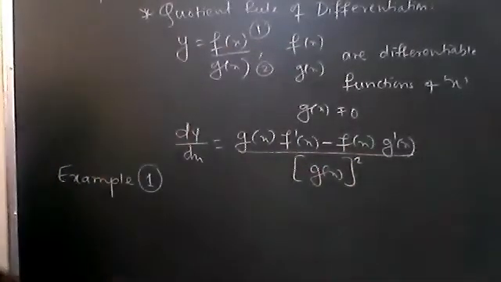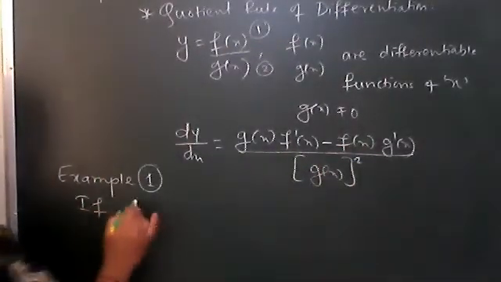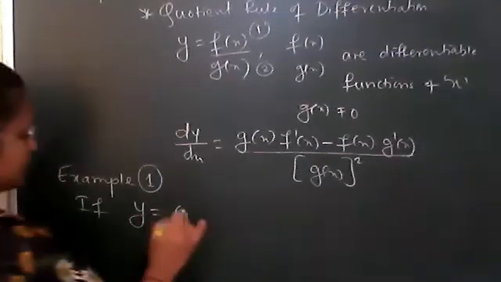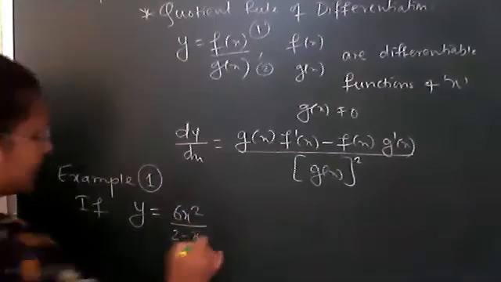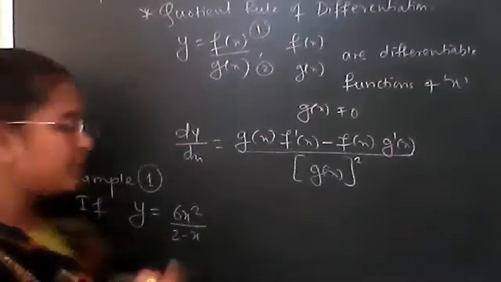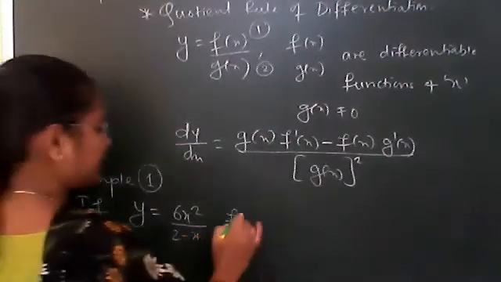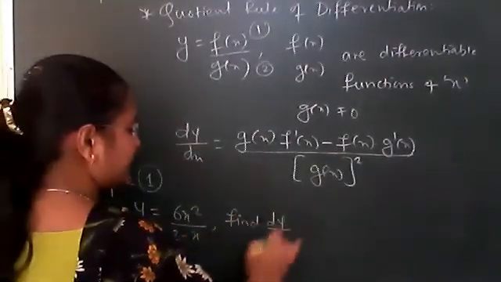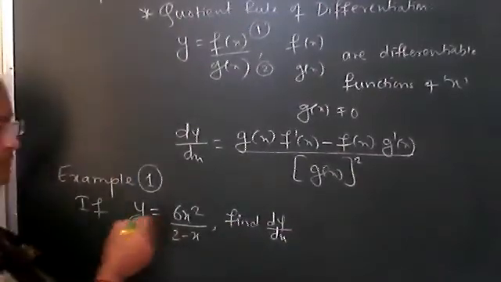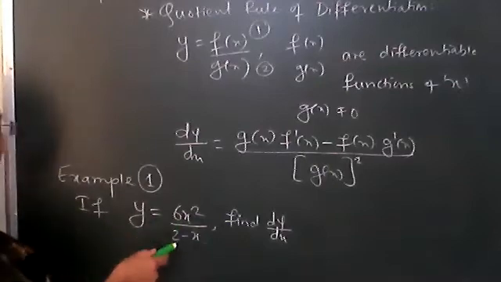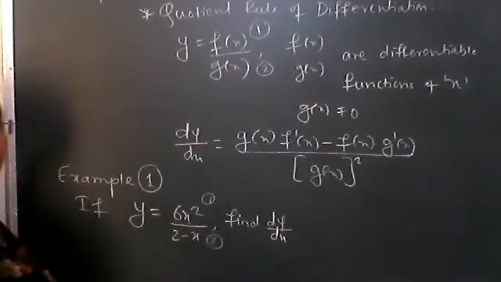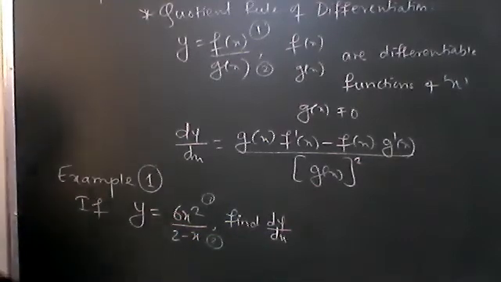If y equals 6x square upon 2 minus x, then find dy by dx. Now students, here the function y is equal to 6x square upon 2 minus x. So this will be your first function and this will be your second function. So what will be the derivative then?